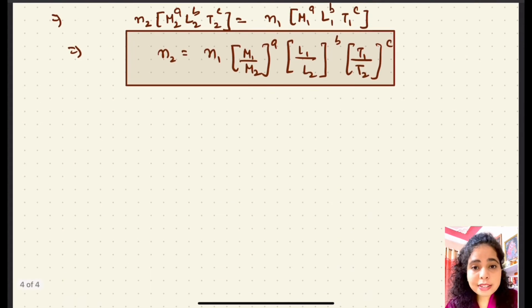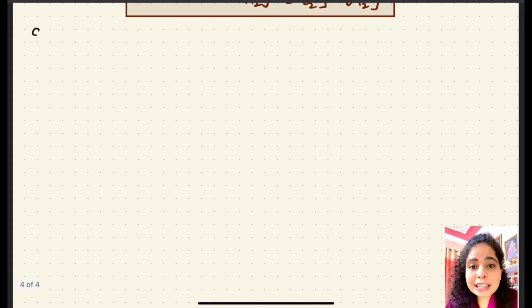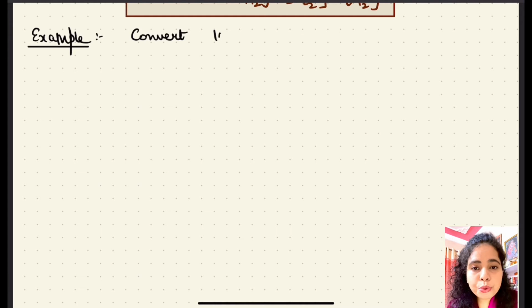In order to understand how this formula works, let us consider one example. In this example, we will be converting 10 joule to erg. That means we have to convert 10 joule to the other system in which the unit is erg.